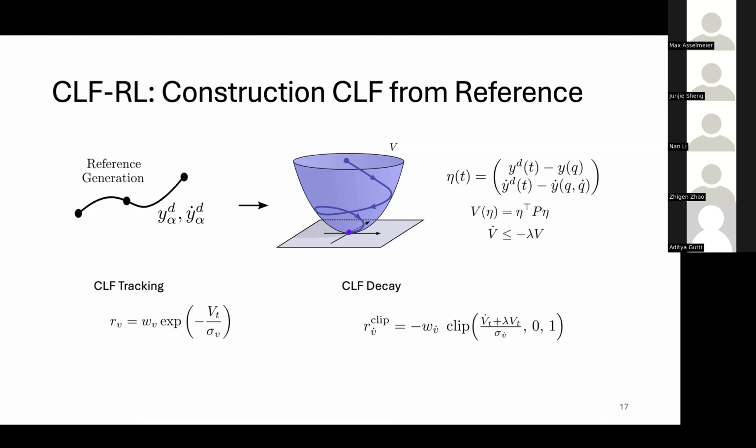Quick question, Zach. I think this is very interesting. You said using this CLF reward helps reduce the workload of tuning parameters. I guess you are really referring to this omega V, which is just a scalar for the reward coefficient.